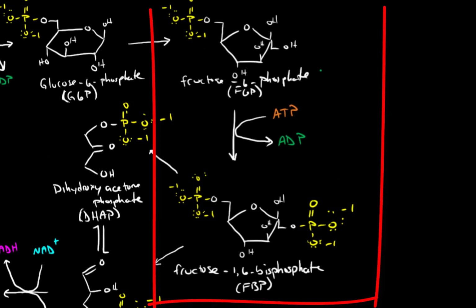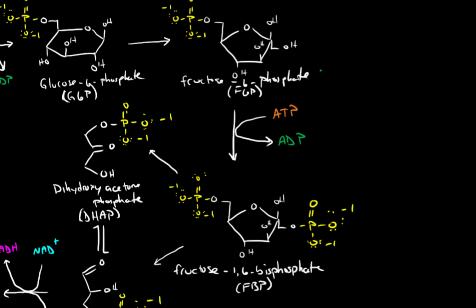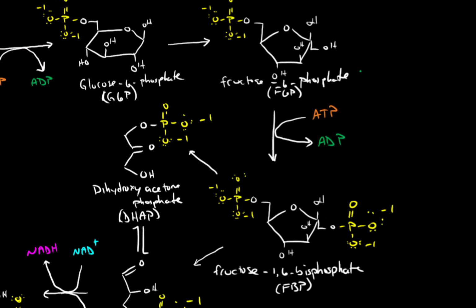In the next step, we convert fructose 6-phosphate into a molecule that now has 2 phosphates, fructose 1,6-bisphosphate. The source of this phosphate is ATP, so in this step we're converting another molecule of ATP into ADP.